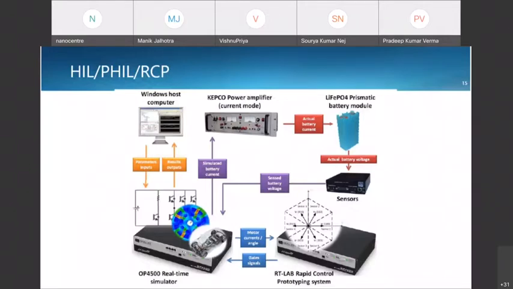So we need to use sensors and set them in such a way that whatever information the sensor sends into the real-time simulator is in the allowable range. Because if the signal fed directly into the simulator is beyond the upper limit of the cards present, then the cards may go faulty. So we need to ensure that whenever we are working, we send the signals in the optimum range only.